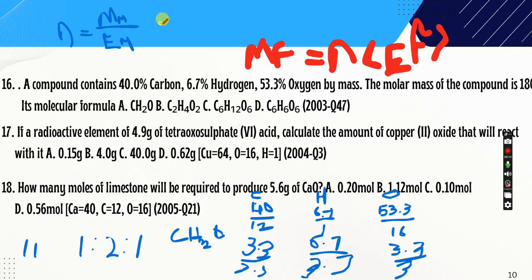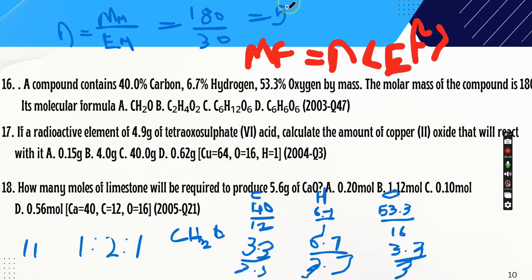So that will give us 180 divided by 30, and that will give us 5.